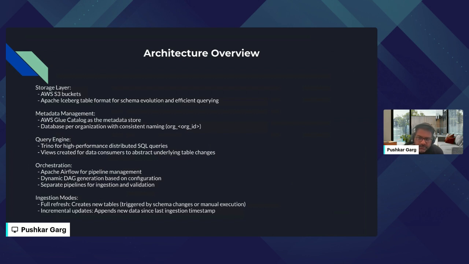And in terms of the orchestration, we use Airflow for pipeline management, and we have something really interesting, which is the dynamic DAG creation. Our use case is that we need separate pipelines for each organization or each customer of Clari.